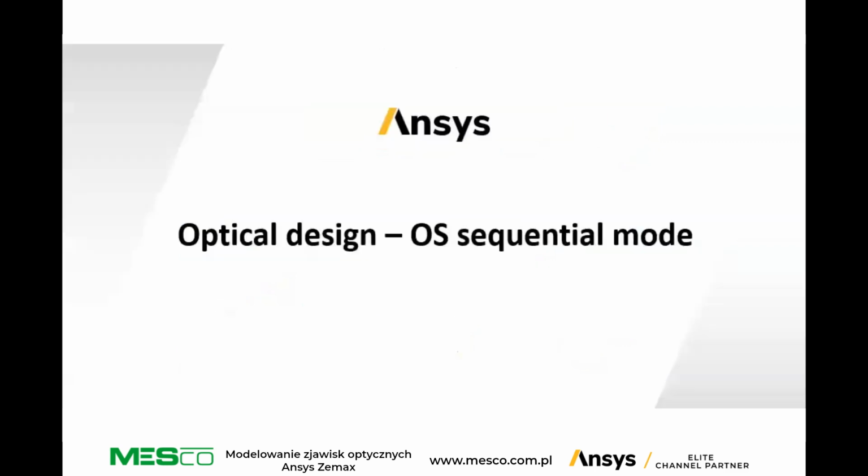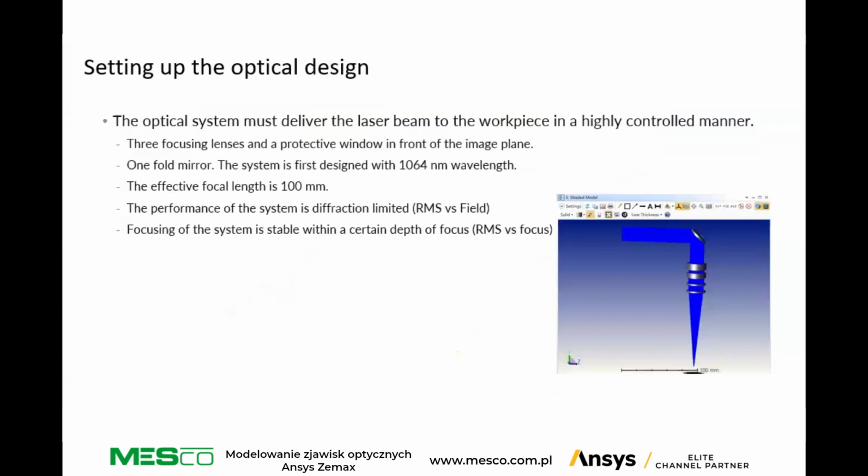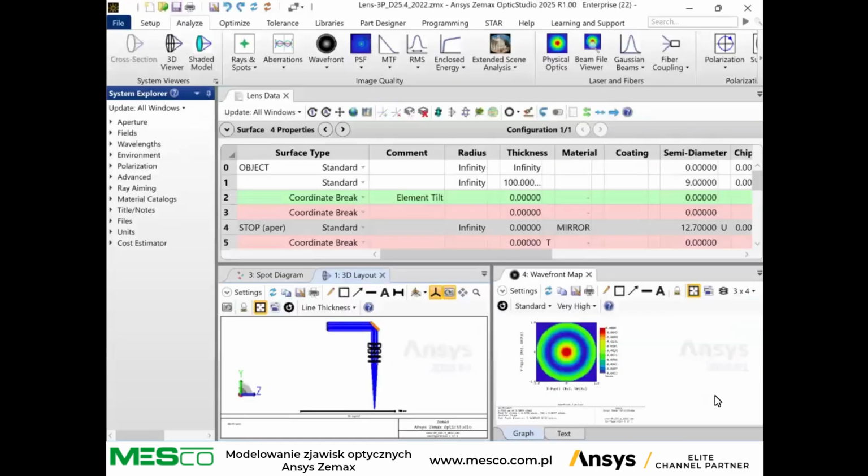So the first step will be the optical design in sequential mode of Optic Studio. I got this example here. Let me just open it. Okay, so this is a system quite commonly used in the industry.